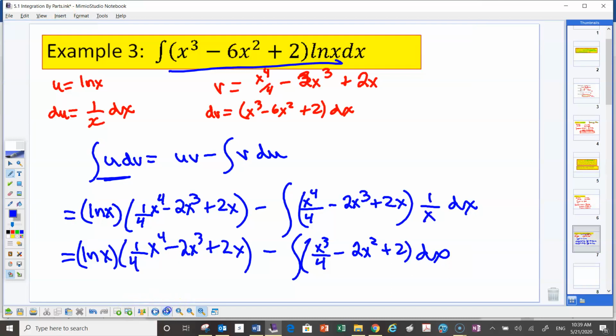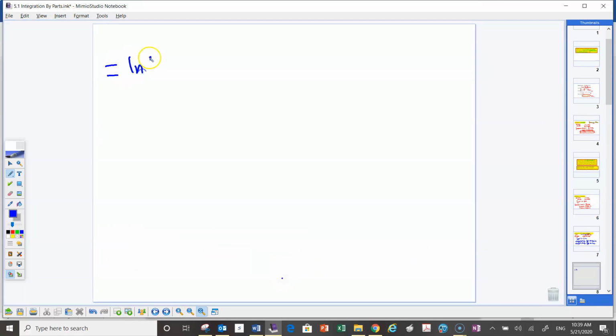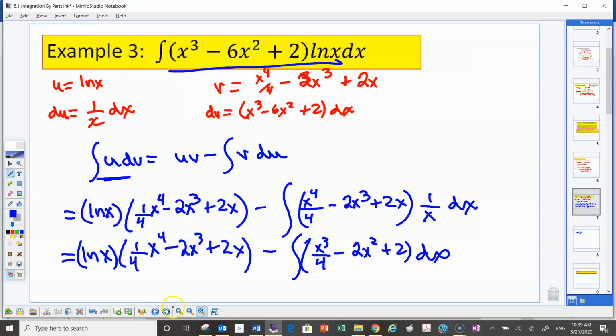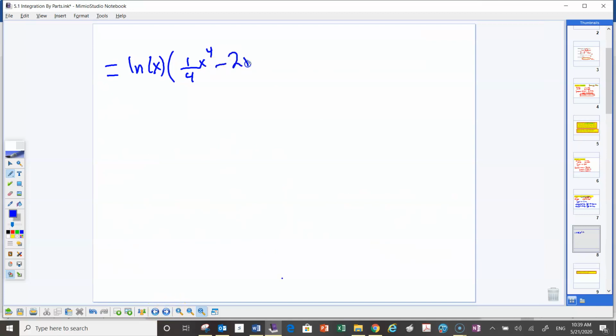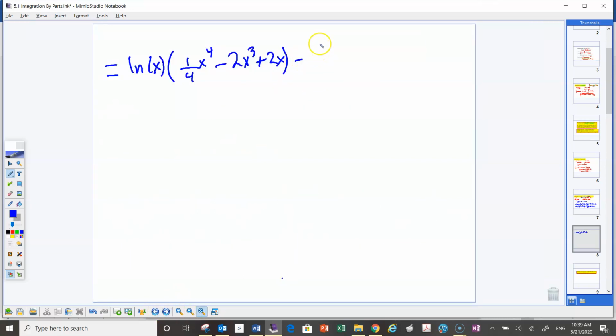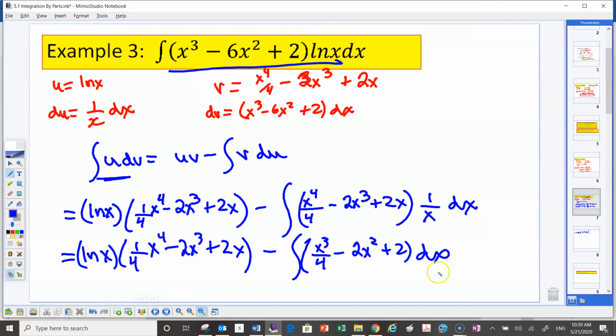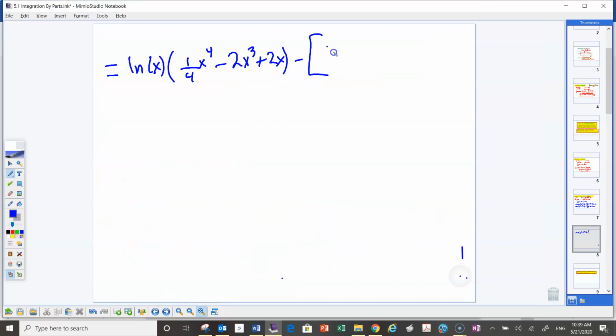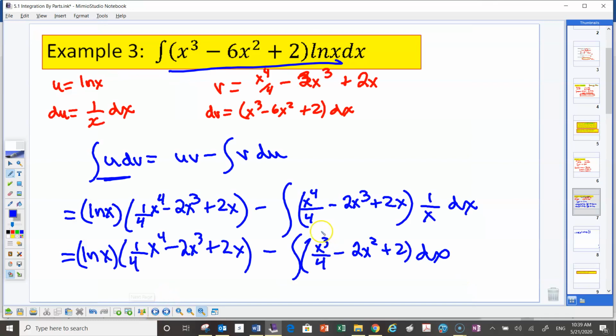And therefore my final answer is going to be ln x times 1/4 x to the 4th, minus 2x cubed plus 2x minus, now I'm going to integrate this ugly mess right here, and I'm going to get x to the 4 over 16 would be this integral.